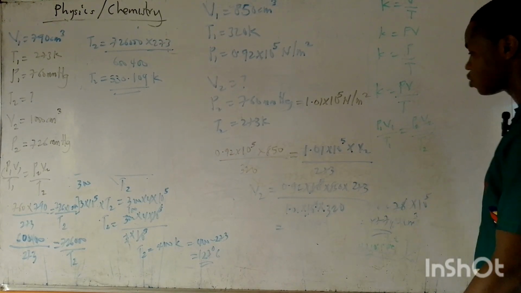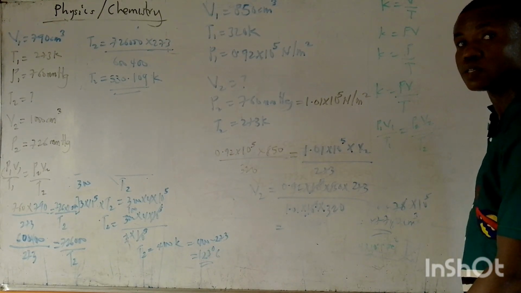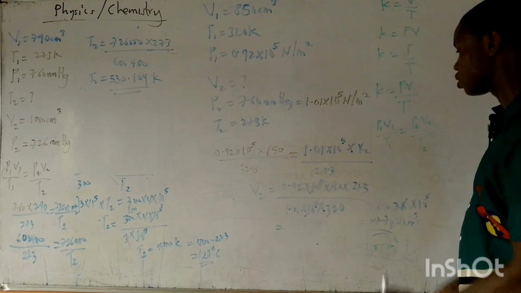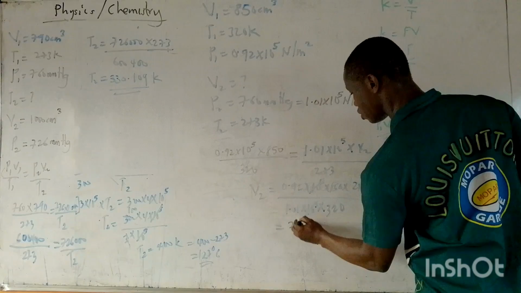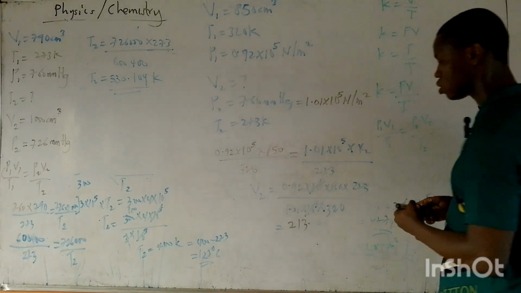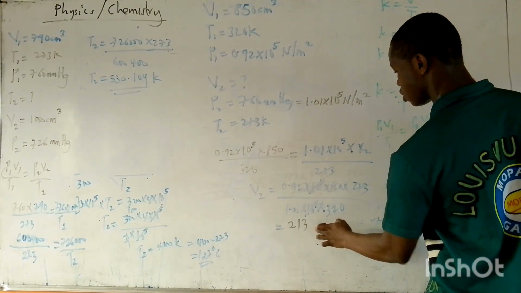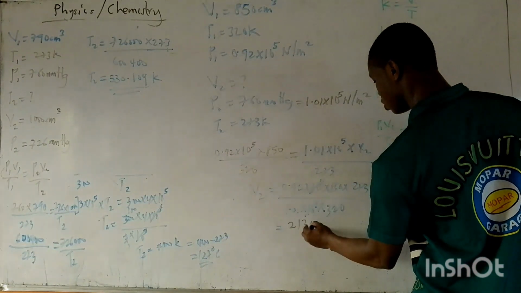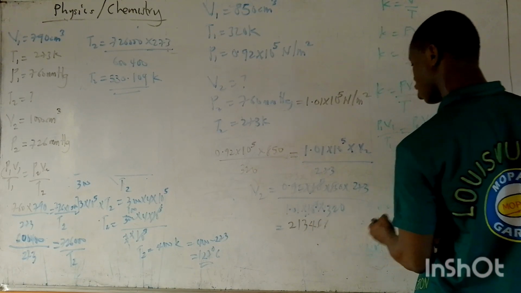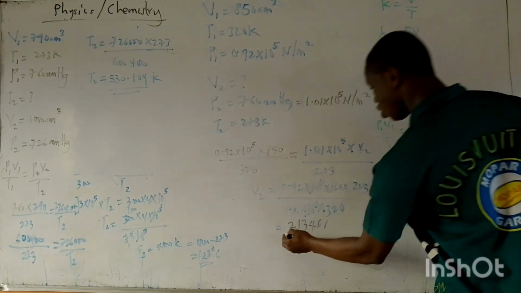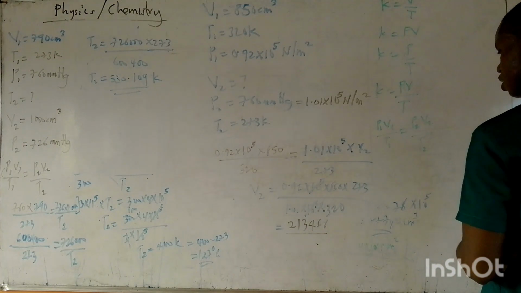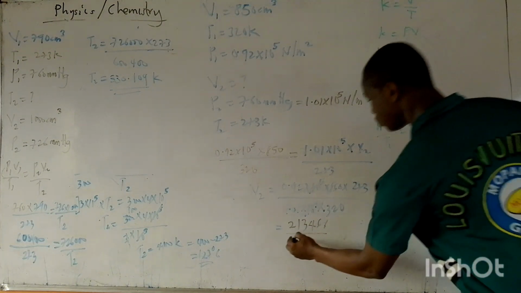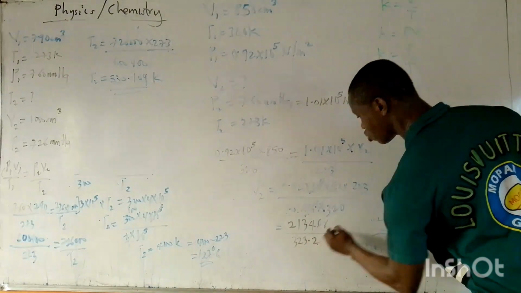What will it give you? What's the answer? 213 points. Yes. All over 1.01 times 320. What will it give you? 323.2. So what does this one give you?